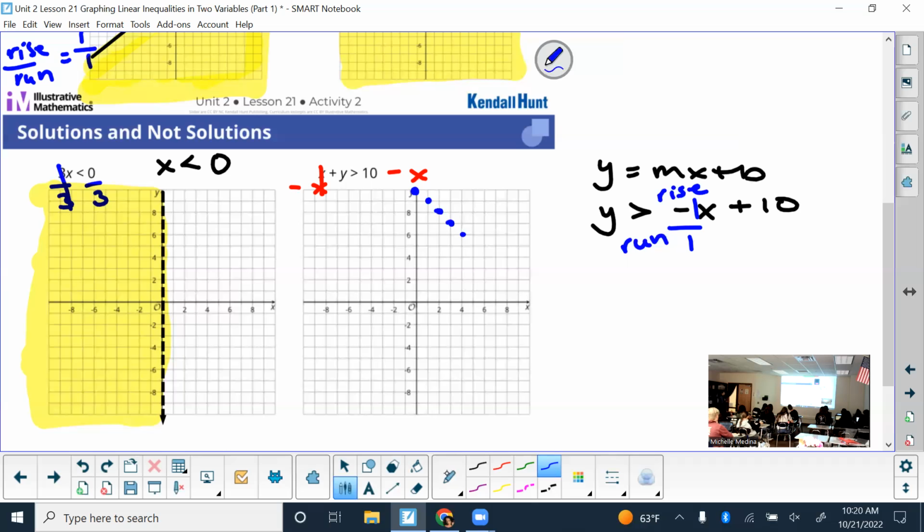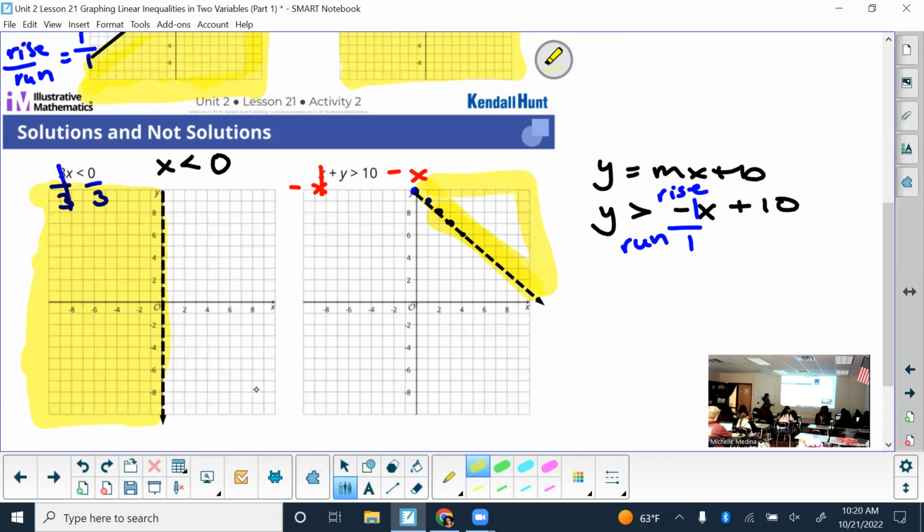Dashed. There's no equal sign underneath it. And is it shaded above or below? Above. So then lightly shade above. If you're ever confused what side is above, look at y should be bigger than what's on the line.